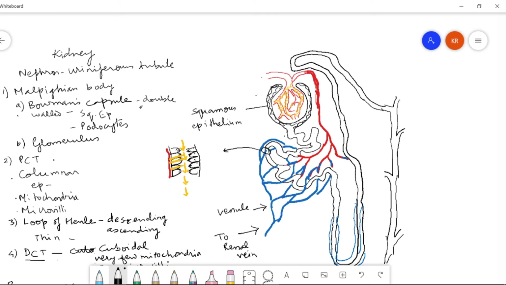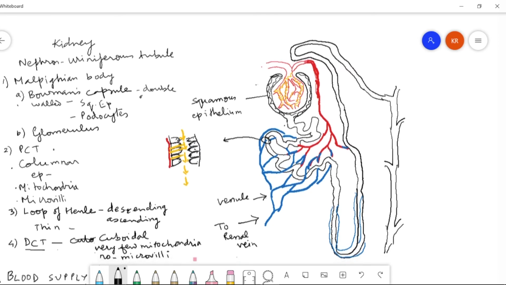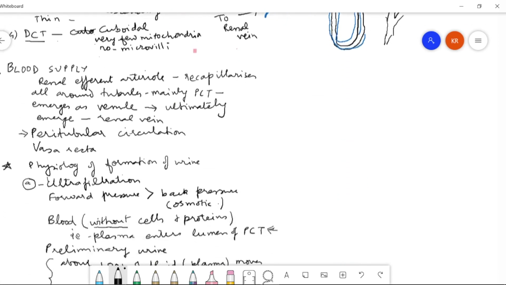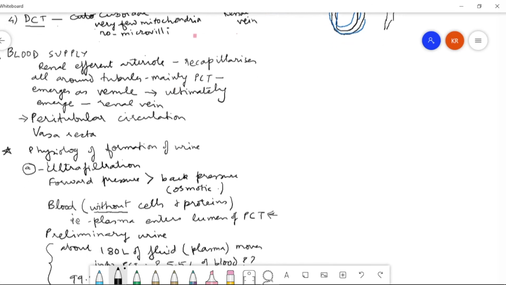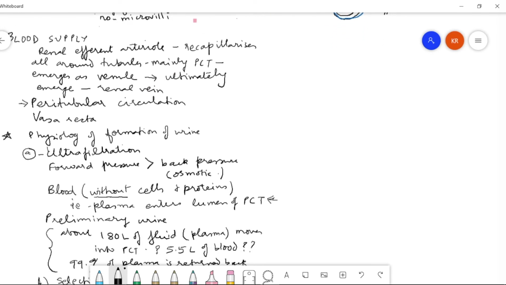And this primary filtrate is going to go down, and many substances will be reabsorbed back over here. Salt and water are reabsorbed, so that when the filtrate passes down, this preliminary urine can also be called preliminary filtrate.